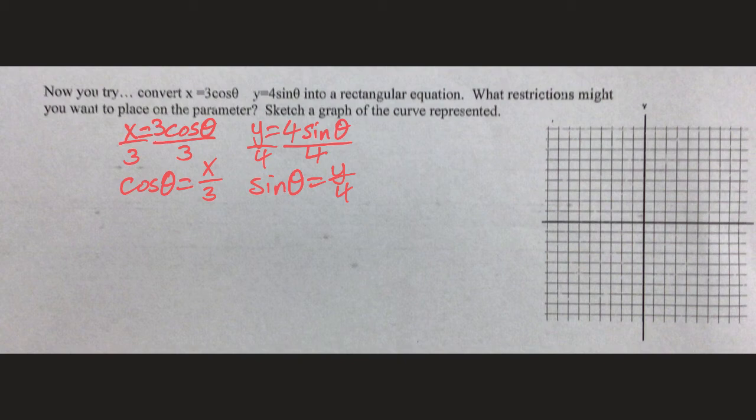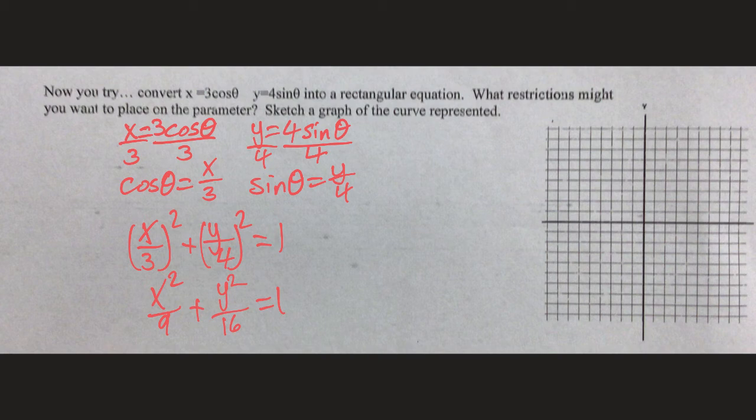So using the Pythagorean identity from the last example, we're going to have x divided by 3, squared, plus y divided by 4, squared, is equal to 1. And then we'll distribute those exponents, giving us x squared divided by 9 plus y squared divided by 16 equals 1.